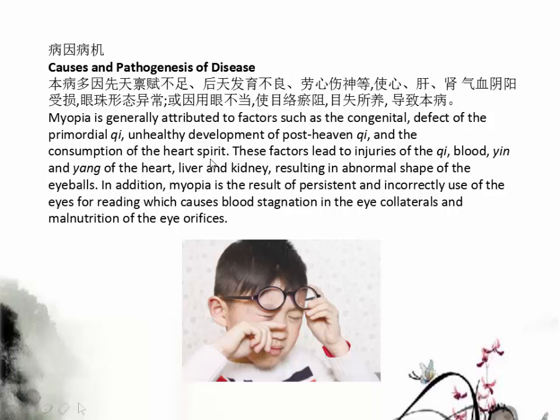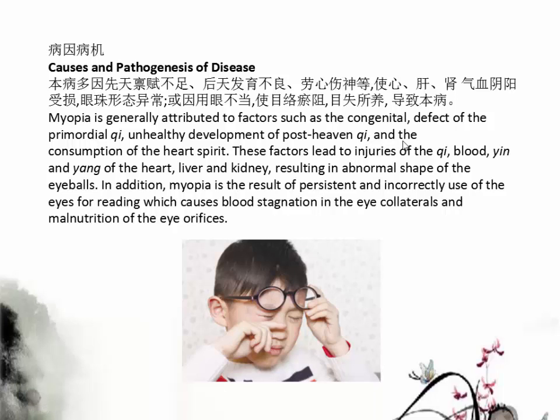Consumption of the shen, the spirit, manifests in the gaze and the eyes, okay? Liver and kidney resulting in abnormal shape of the eyeballs. Persistent incorrect use of the eyes for reading can also strain the eyes. Malnourishment of post-heaven chi here looks like spleen, right?